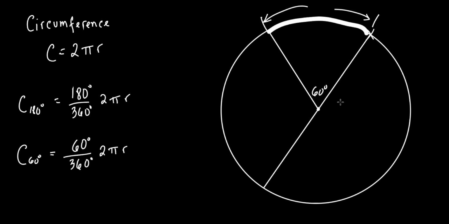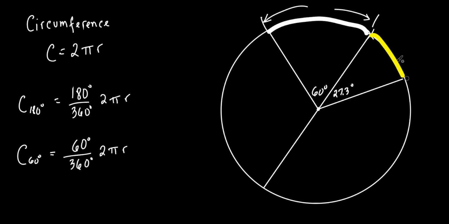What if I did some weird angle, and I didn't know it was half, I didn't know it was a quarter, I didn't know it was 1/6? What if it was a weird number angle, like 27.3 degrees, all right? And I asked you to find the length of that arc.